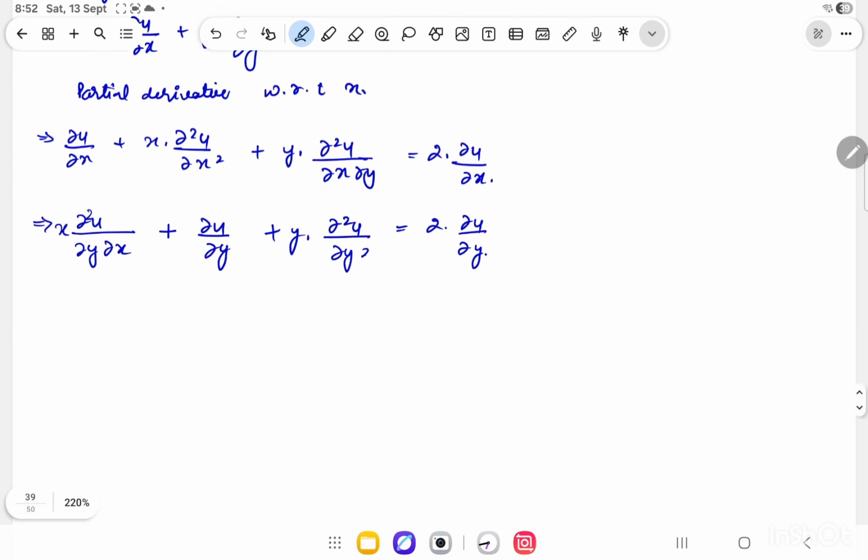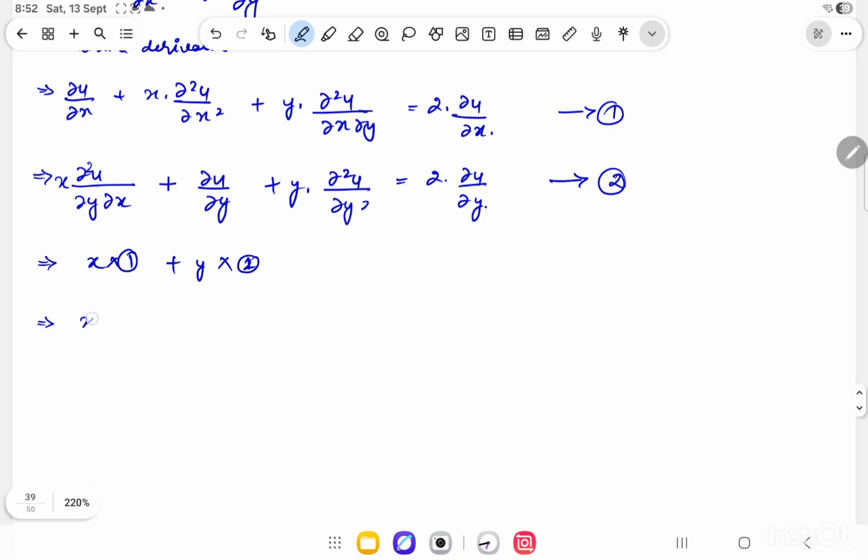Now if I just multiply this with x and this with y and then add, so I'm doing x into the first plus y into the second. So let's see what we get.